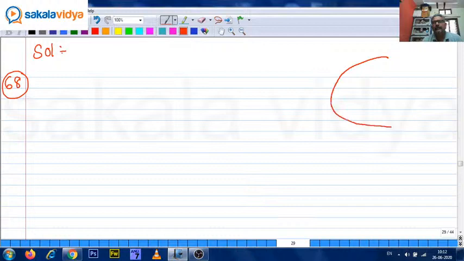This is the figure. So normal at P, normal at Q. P of T1, Q of T2, at R of T. This point is also given as x1 comma y1.